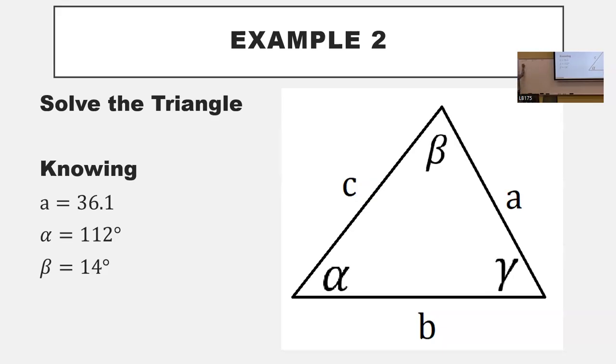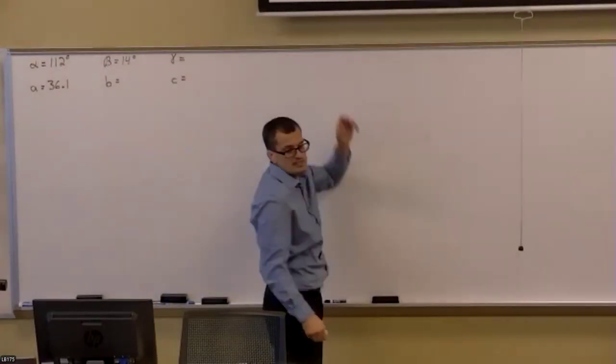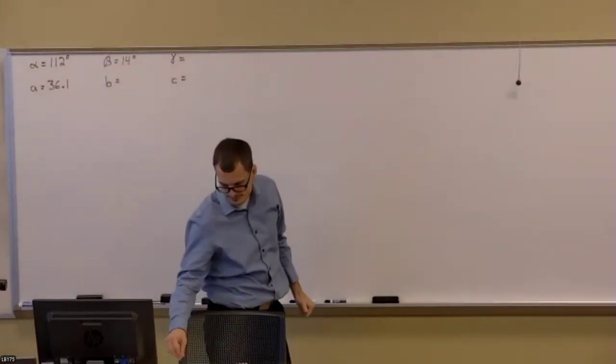And then I'm given that the length of side A is 36.1. And then we don't know length of side B yet. We don't know length of side C yet. So let's solve this triangle.